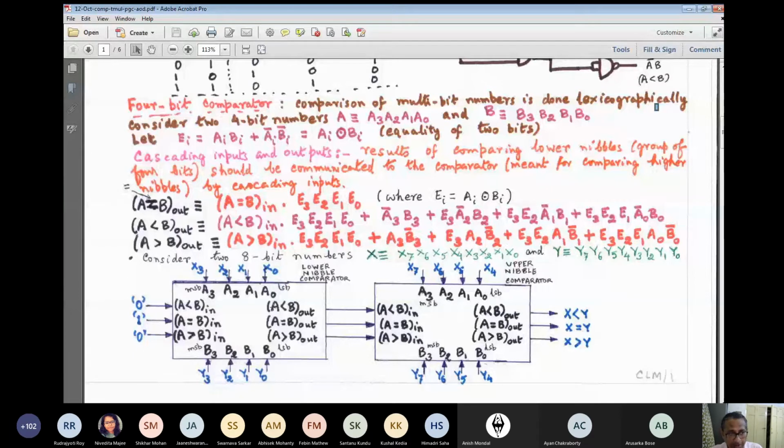Please remember, all of you, that no other external gates are required and no other external wires also. Suppose I am comparing two 16-bit numbers. How many comparators are required? Four of them. Wherever you focus, you find that 4 wires enter from the outside, and 3 wires from the left neighbor, and 3 wires go to the right neighbor.